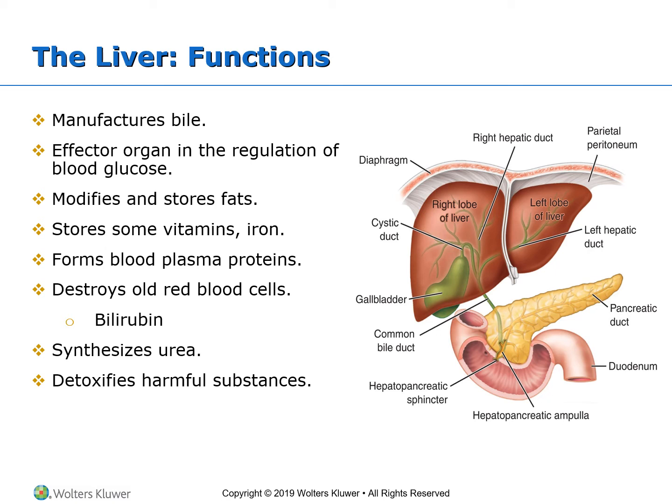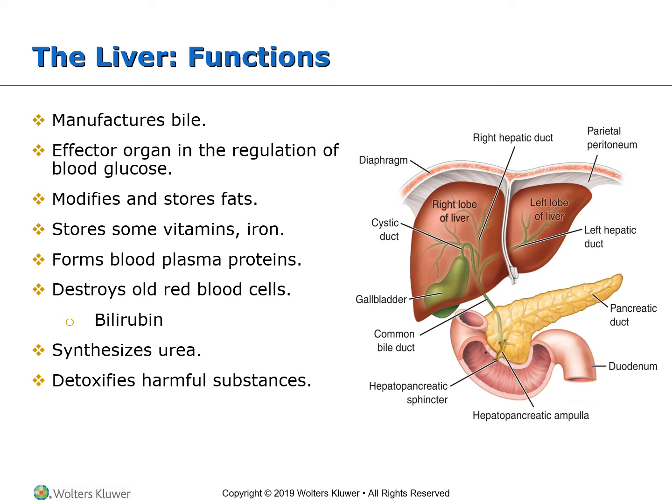It also will store fat, iron, and some vitamins, and will be the main producing organ for plasma proteins such as albumin and globulins and the clotting factors.